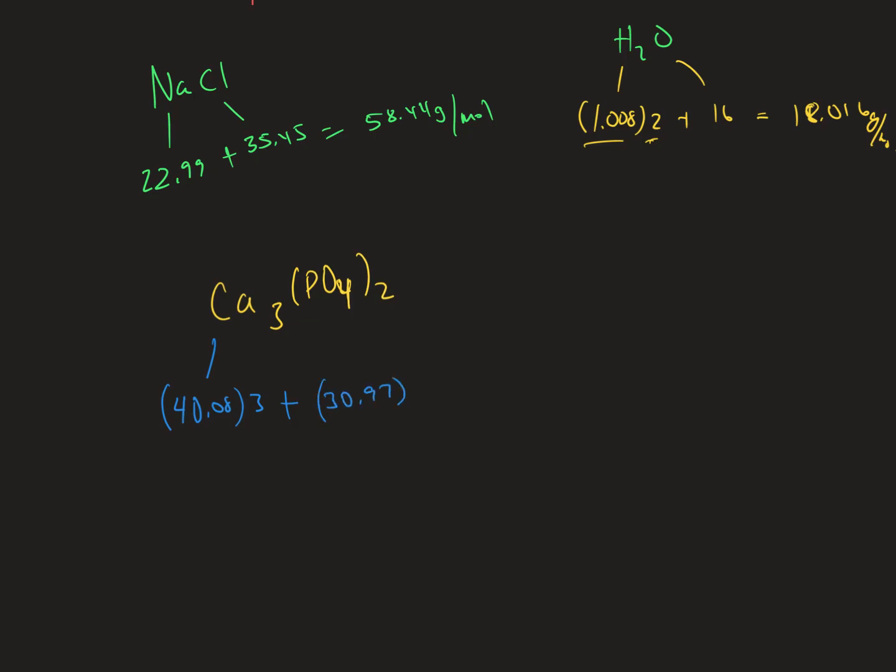Multiply by 2, because of this guy right there. Plus oxygen is 16, multiply by, well, it's going to be 8, right? 8. Yep. And that's going to give us a value, whatever that is. That's the molar mass, or formula mass, or formula weight, whatever one they use. We should just stick with one name, huh?